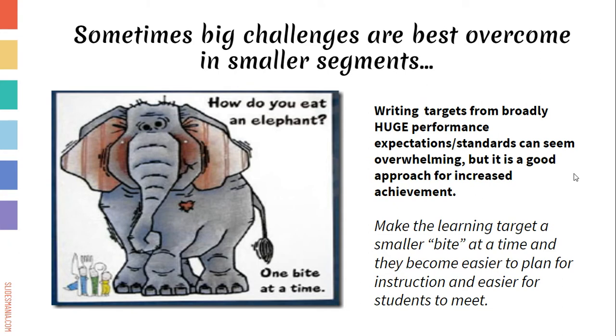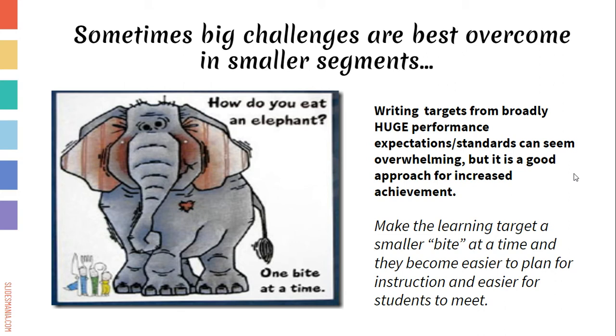And I'll say this, that sometimes big challenges are best overcome in smaller segments. Writing learning targets for individual daily lessons or series of daily lessons is a big task, because the huge performance expectations are a bit overwhelming, and it's hard to pick out what you want to target and still maintain the three-dimensional aspects of it.